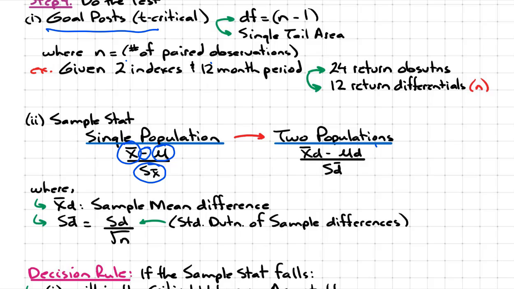So how do we tweak this for a paired comparison test? We're looking for the average difference. So rather than just looking at the mean, like a population mean, we're looking for the mean difference between the populations. And we compare that with the hypothesized mean difference. And rather than looking at the standard error of the sample mean, we're looking at the standard error of the sample difference.